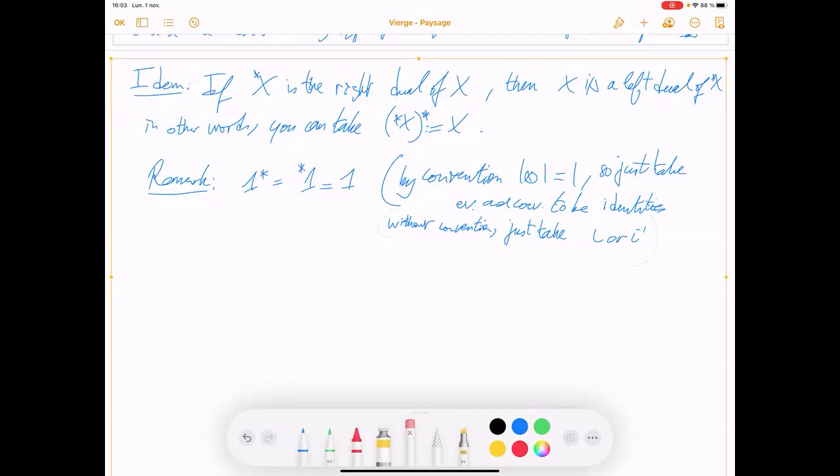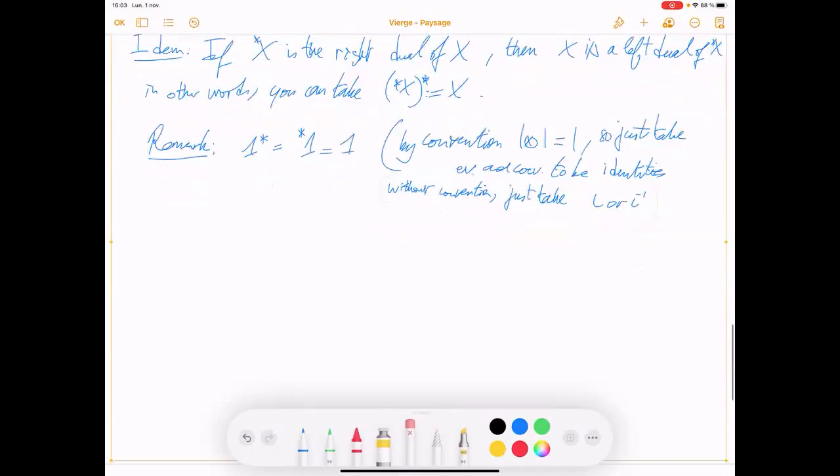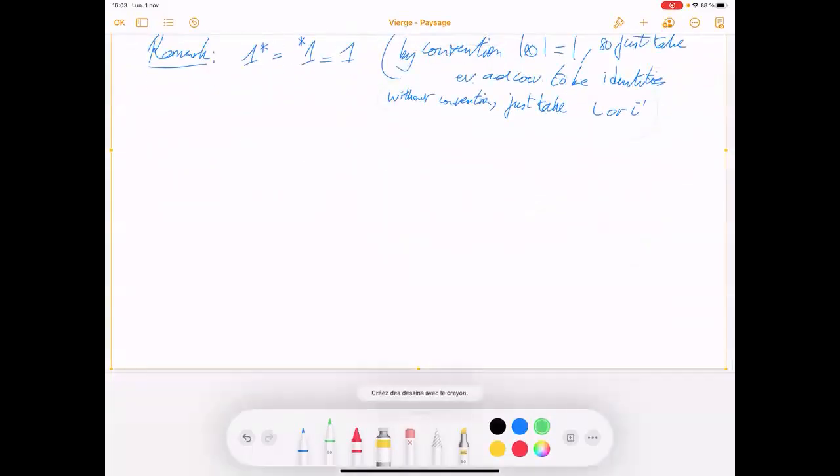So again, this is a part that will be added from the book. It's not in the book. Left and right adjoint of a functor, and we will see the relation between the notion of left adjoint and the notion of left dual.